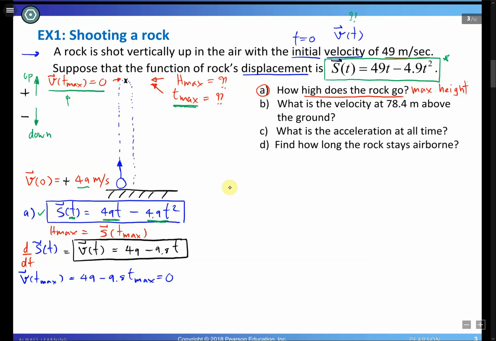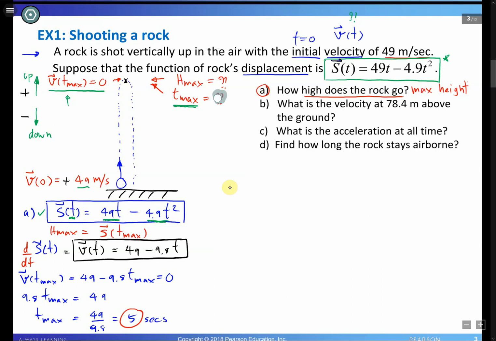So we have this 9.8 t max equal to 49, which means that t max is equal to 49 divided by 9.8, and this is equal to 5 seconds. So now we know that t max equal to 5 seconds.